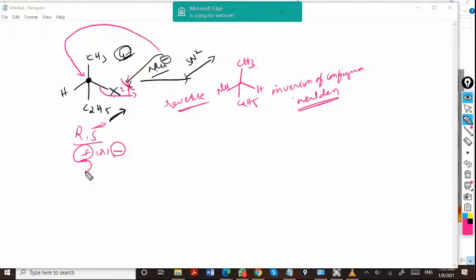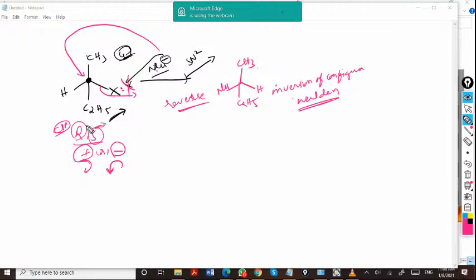Positive means it rotates plane polarized light clockwise, and negative means anti-clockwise. The R and S configuration is based on the priority groups, the CIP rules, which are defined in the stereochemistry chapter that we are also going to discuss.